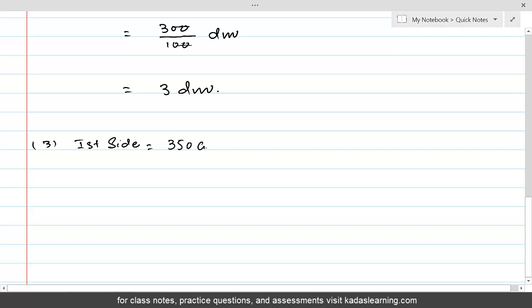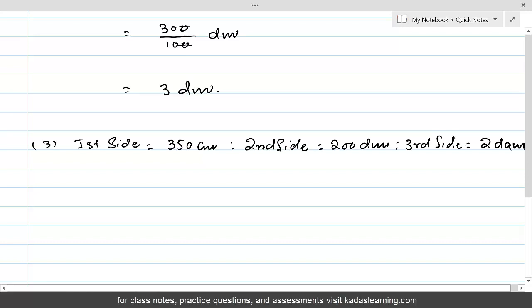The second side of the triangle is 200 decimeters. And the third side is equal to 2 decameters, 2 DAM.